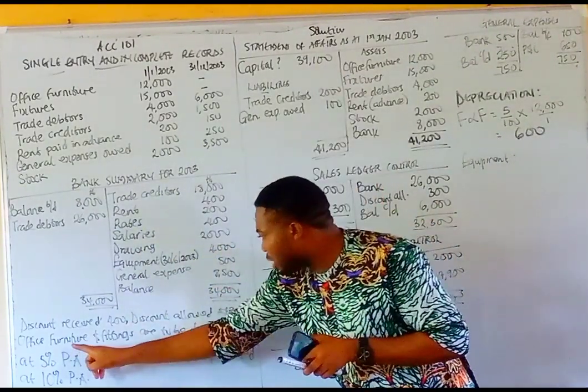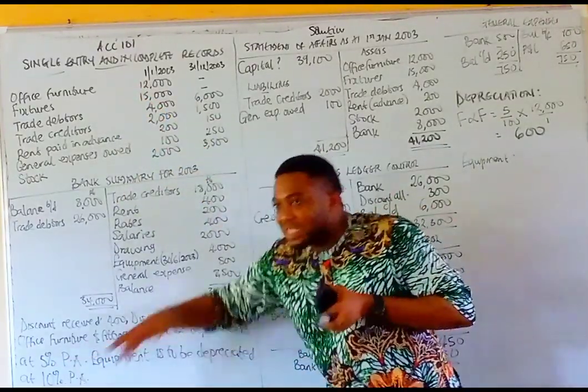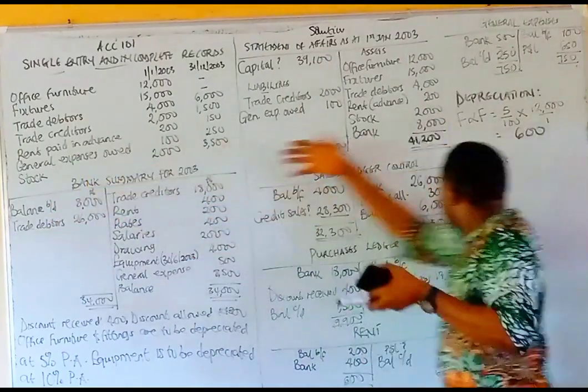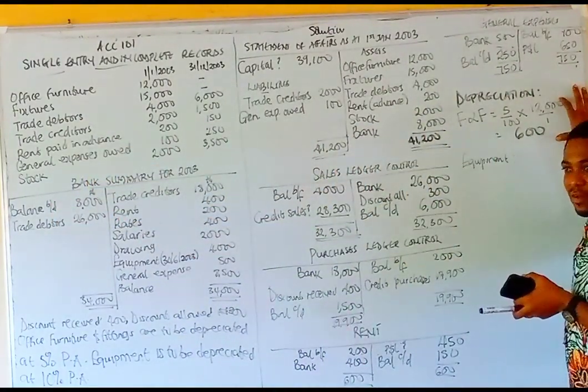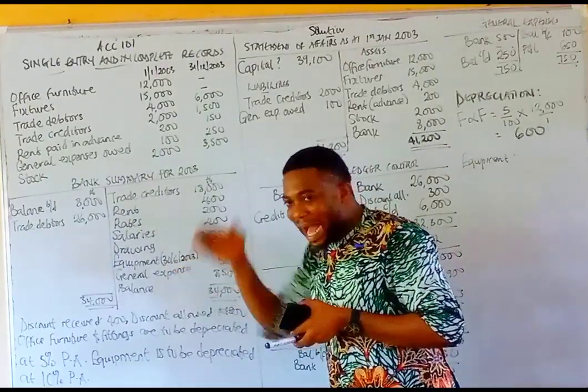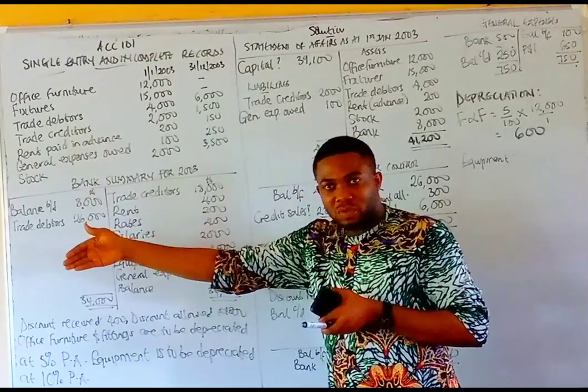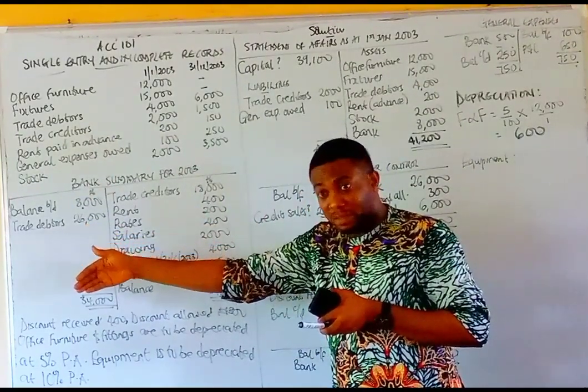Yes. This depreciation of furniture and fittings was at the beginning, so we use the full 5%, which is for 1 year. But now they bought this in the middle of the year, so it is just 6 months that it has completed.